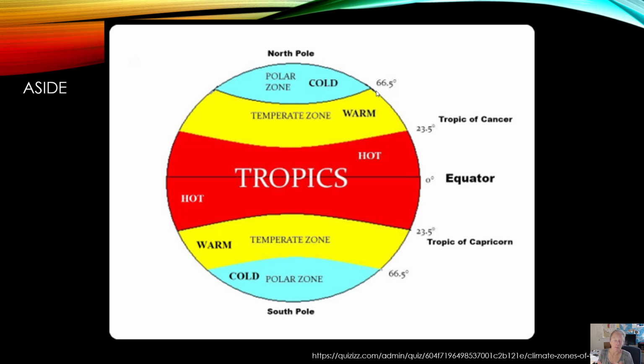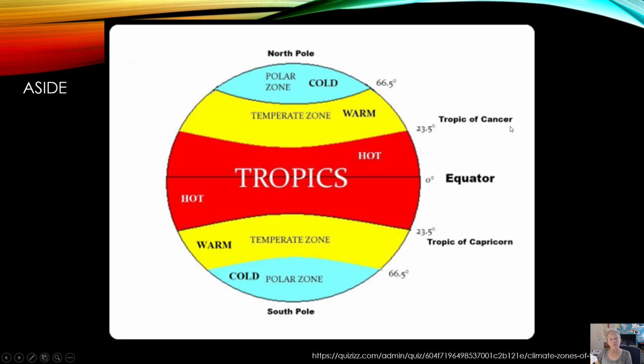So that's why they're important. The Tropic of Cancer and the Tropic of Capricorn at 23.5 degrees above and below the equator. Those are significant in that they are the two places in the world where the sun can go directly overhead. It can anywhere actually between these two. So that's what their significance is.